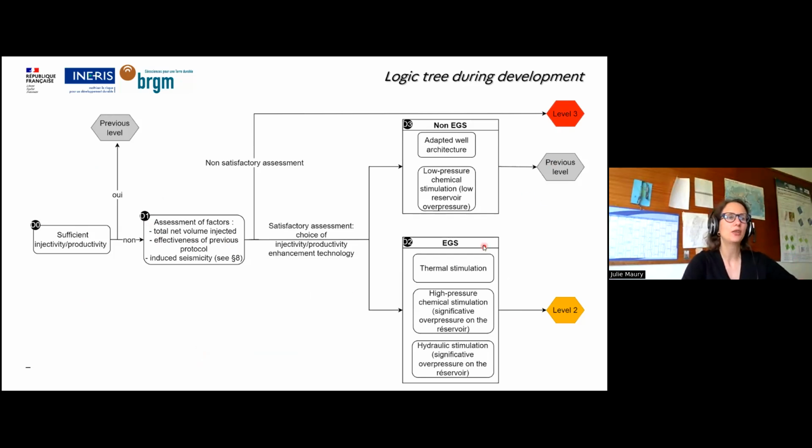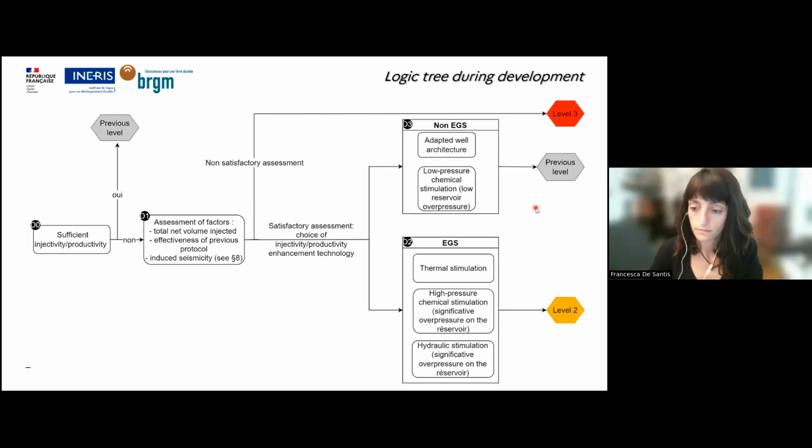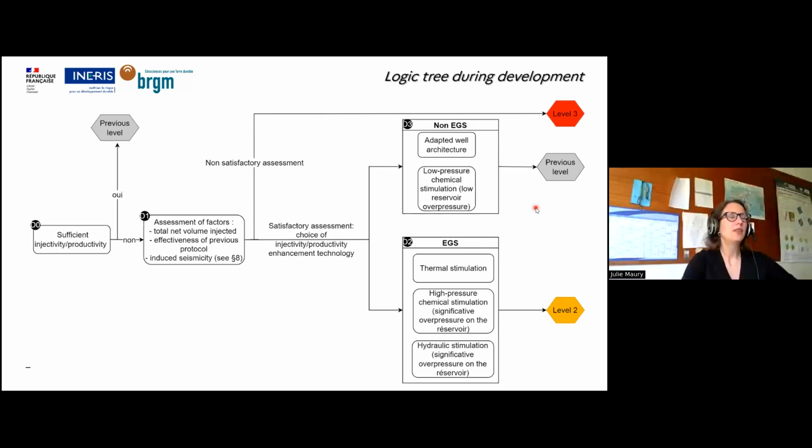Is it stimulation, or do you adapt your well architecture, for example? And depending on that, you define a new level. And once again, this tree is iterative. So for example, you can do one cycle of stimulation, and if you do a new cycle, you do this logic tree once again, taking into account the result of your previous stimulation.